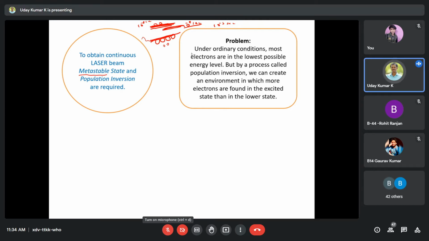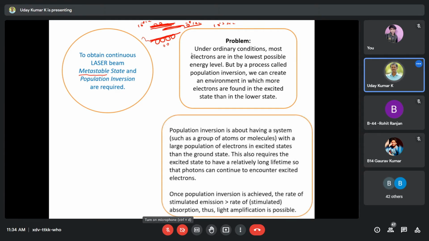So you need to create a metastable state in order to achieve the population inversion. Again, I'm repeating, population inversion is about having a system with a large population of electrons in the excited state than the ground state. This also requires the excited state to have a relatively long lifetime so that photons can continue to encounter excited electrons.